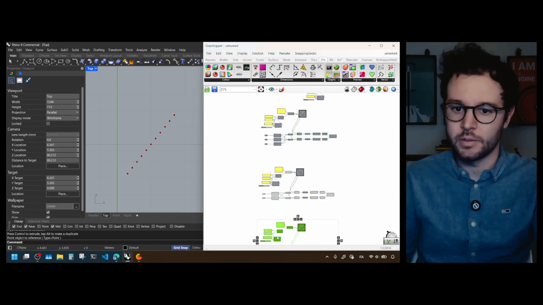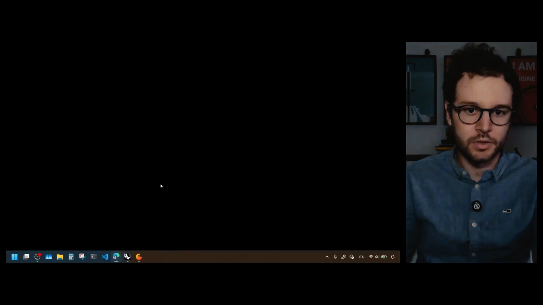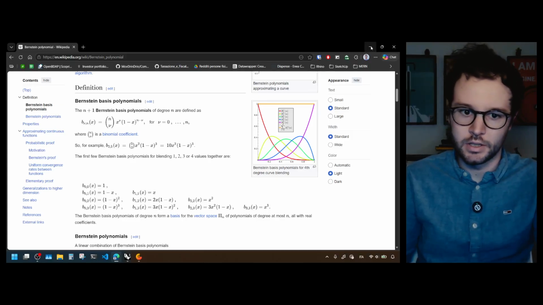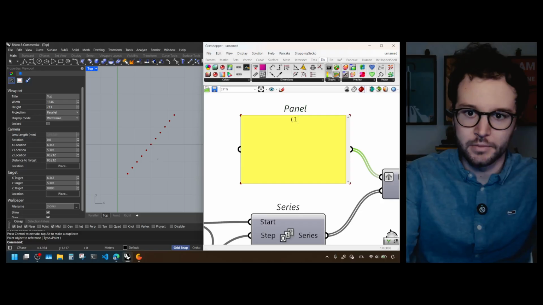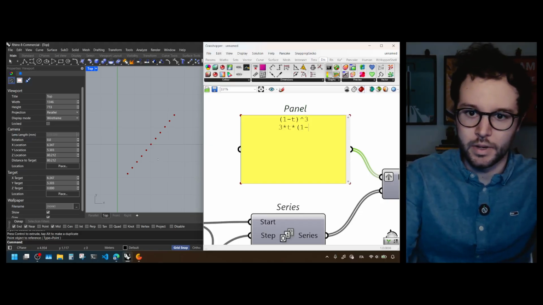So instead of a parabola, we could use a cubic. So let's read the coefficients. So 1 minus t cubed, 3t, 1 minus t squared. Let's write them. So 1 minus t cubed, 3 times t times 1 minus t squared.